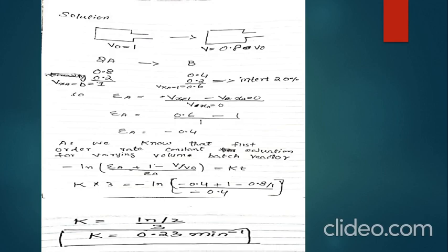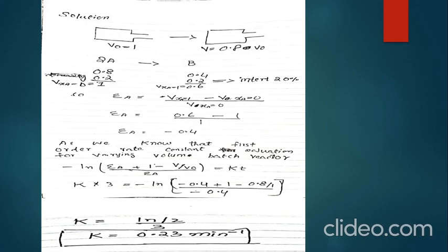So the fractional change in volume is 0.6 minus 1 over 1, so epsilon A would be equal to minus 0.4.